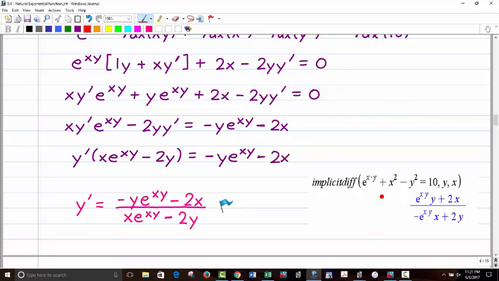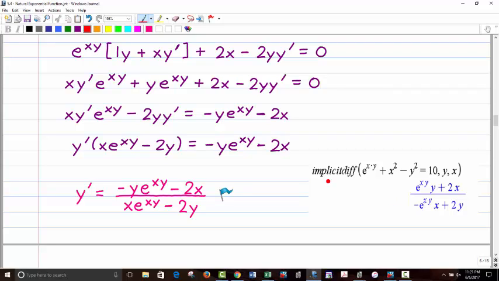Now, if you look at my answer versus the Maple answer, my answer might not look right. But it is, because I'm sure I mentioned this when I did the implicit differentiation video, but if I didn't, I'll say it now: it all depends on which side you put the y primes on. You see these basically have the same terms: y e to the xy, 2x, x e to the xy, and 2y. But you see all the signs are opposite: negative, negative, positive, positive, positive on the bottom, negative, and then negative, positive.